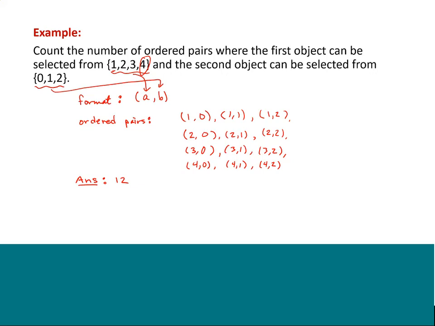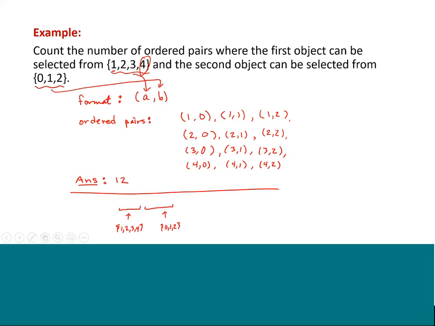So this is now sort of a way to answer this question. Here's what you've got. You've got 2 slots for the ordered pair. In the first slot, you have what? You have the options of 1, 2, 3, and 4. And in the second slot, you have the options of 1, 2, and 3.